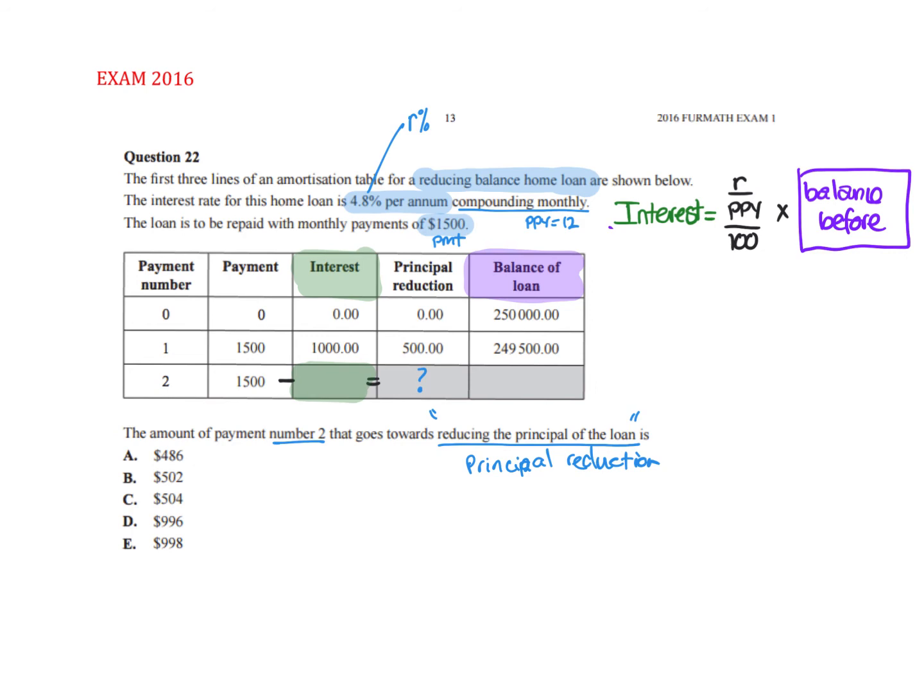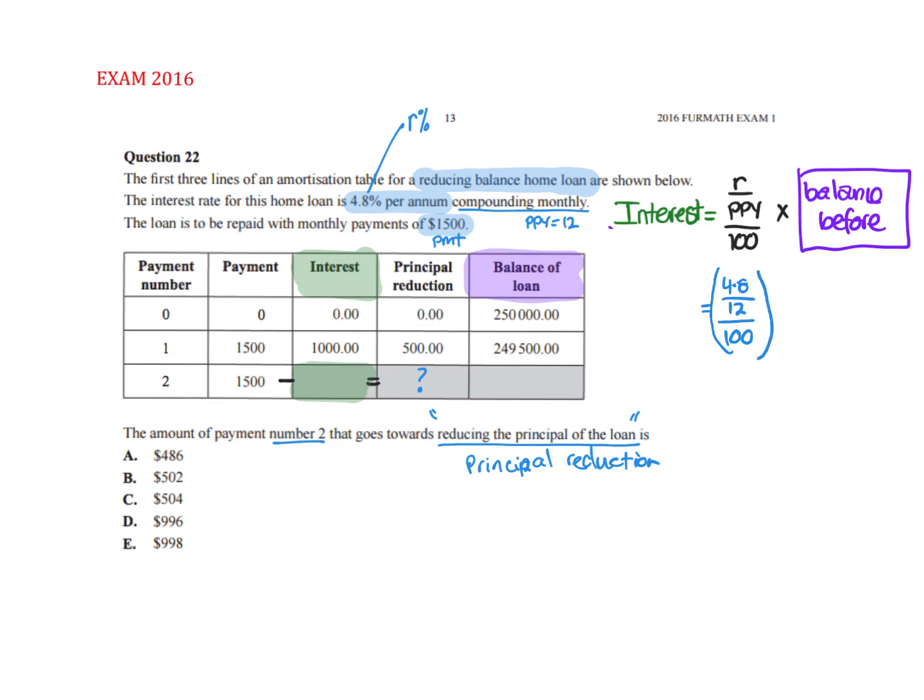So over here, I've written how we will find the interest. Remember, the interest would be calculated on the per annum rate, which is 4.8, but we would divide that by how many times it's happening. So when you're on payment 2, it's happening monthly, so we need to divide it by 12, and then divide by 100.